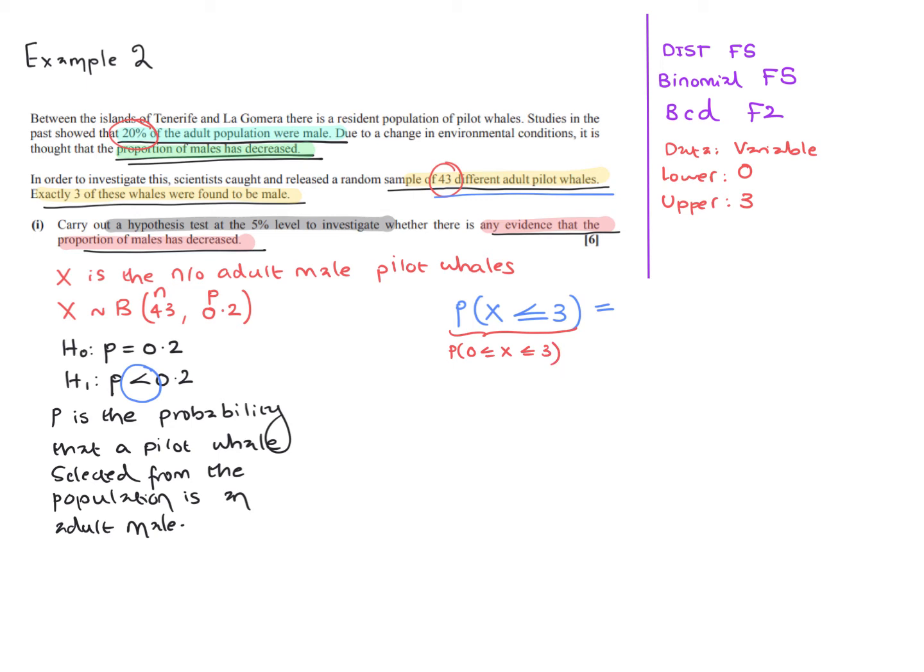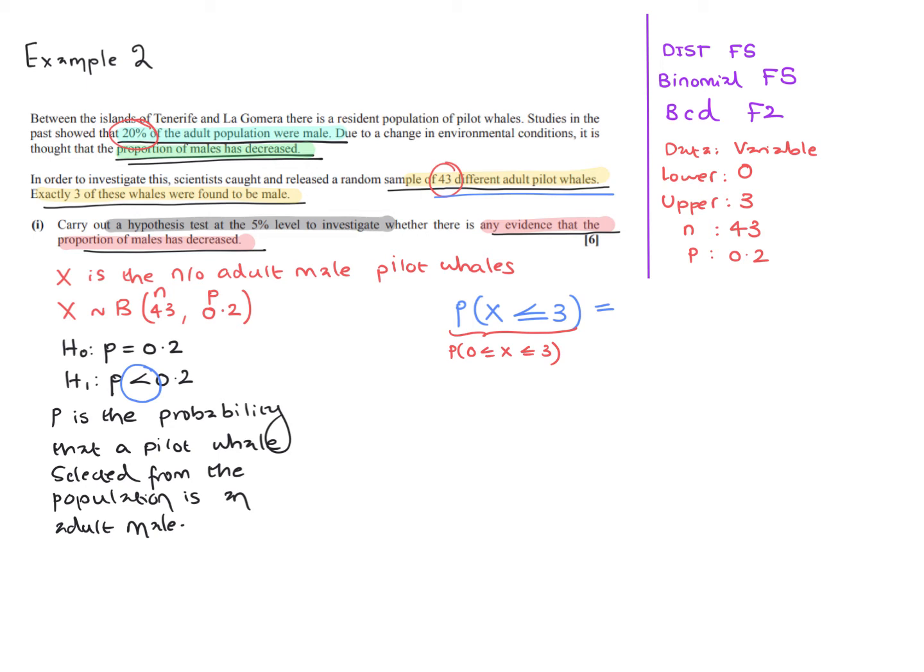Now the number of trials next needs to be set as 43, because that's the sample size that we're working with, and the p-value of course is 0.2, the p-value for the question.